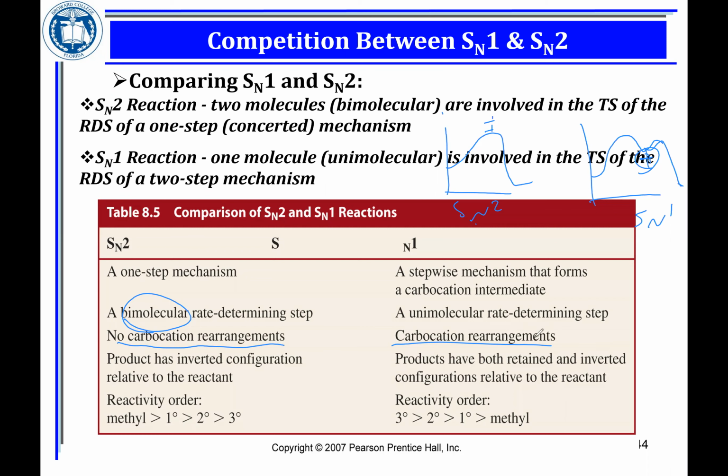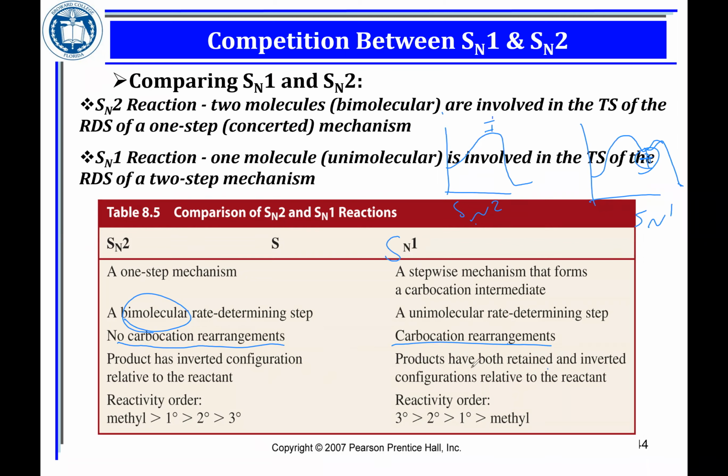Have you seen carbocation rearrangement before, or is this the first time? First time. Okay. So carbocation rearrangement is a problem with the SN1 mechanism.